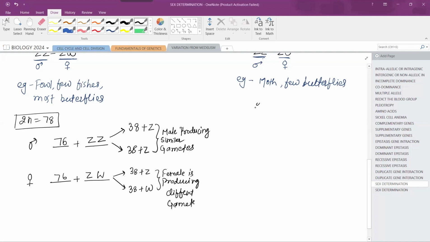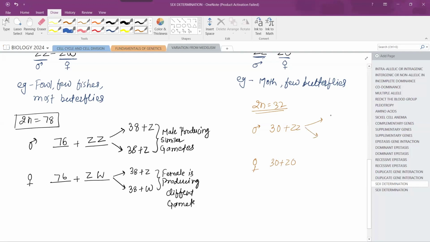Suppose here we have 2n equal to 32. Now quickly tell me what is the male genotype of a somatic cell. 30 plus ZZ. Yes. And the female has 30 plus ZO. Yes.